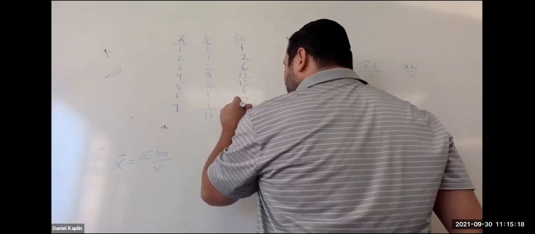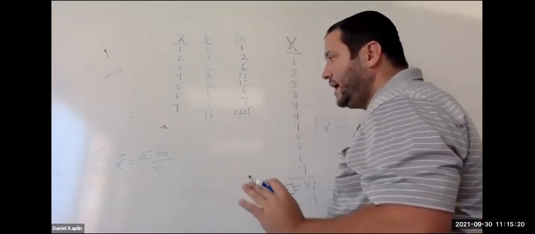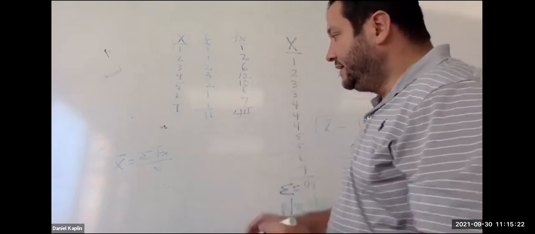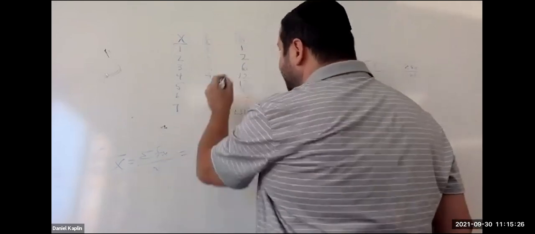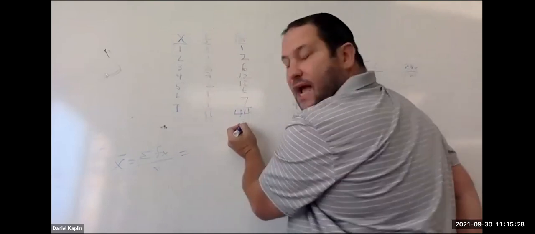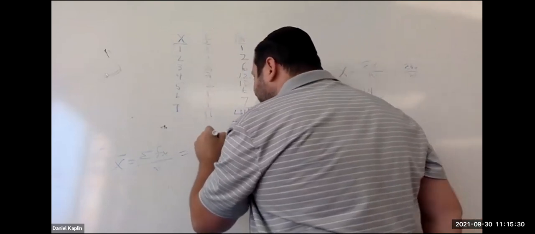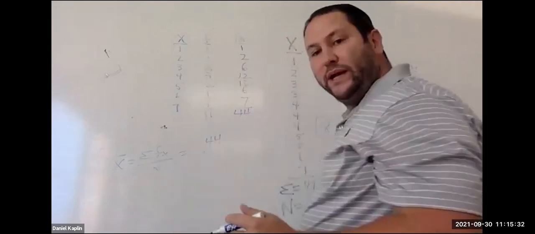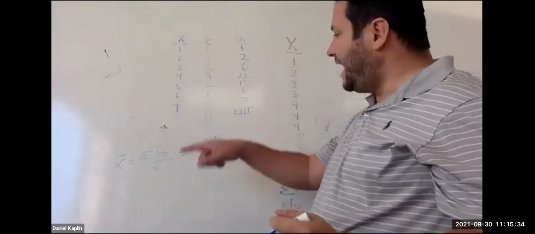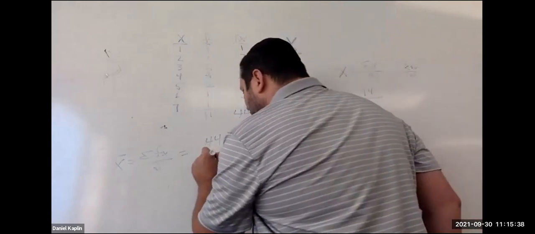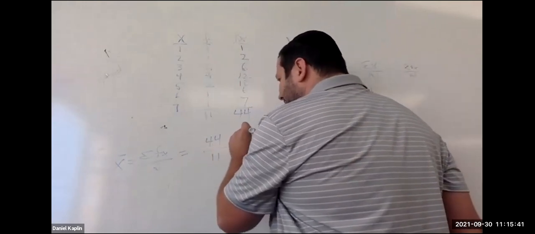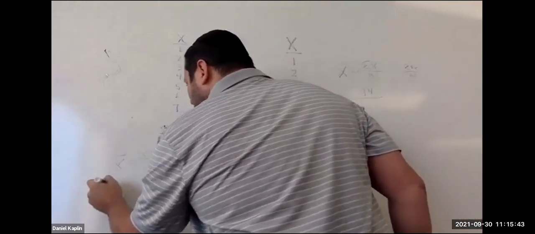Okay. So now we have something interesting, right? So what was the sum of the fx column? Go to the bottom where we added it up, 44. And then we divide it by n, the number of participants, which was 11. So once again, 44 divided by 11 gives us 4.